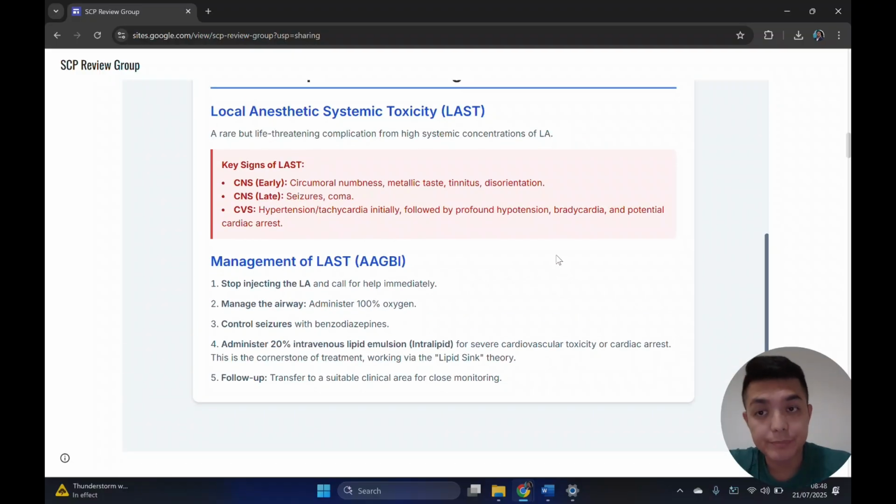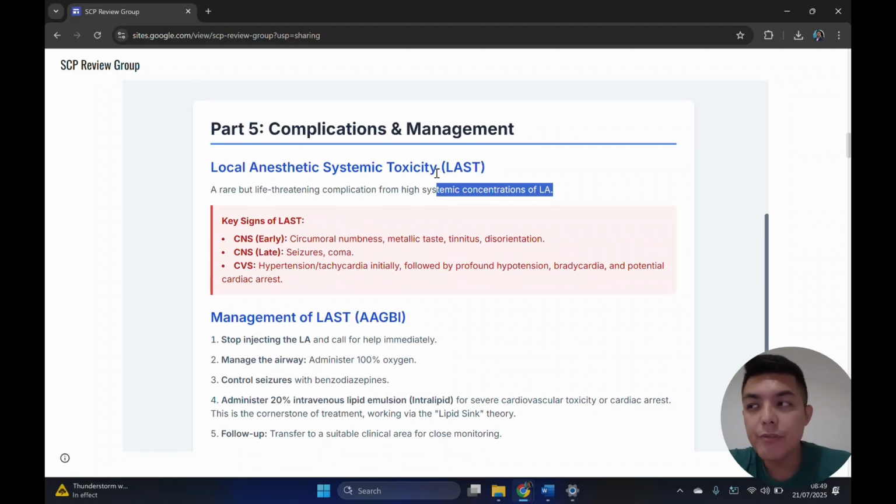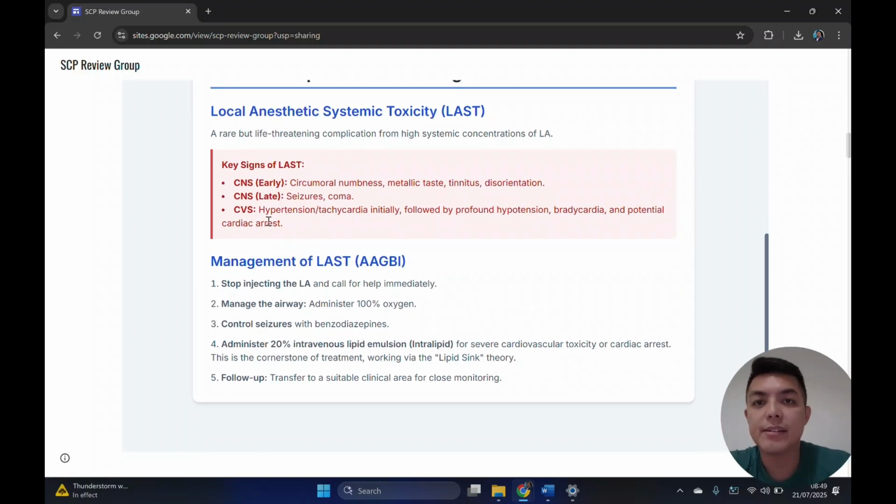Next will be local anesthetic systemic toxicity, commonly known as LAST. This is a rare but life-threatening complication from high systemic concentrations of local anesthetic. This is a very important skill that we need to have: to identify symptoms of LAST. So the key signs of LAST are early CNS, late CNS, and CVS, or cardiovascular.